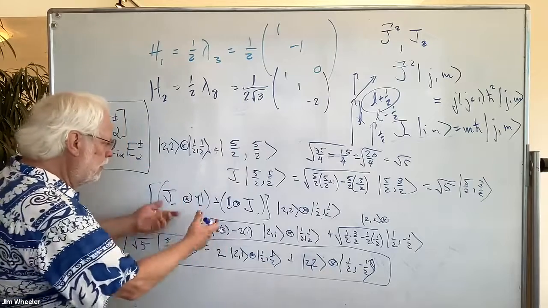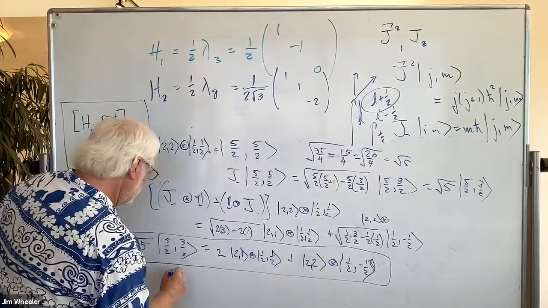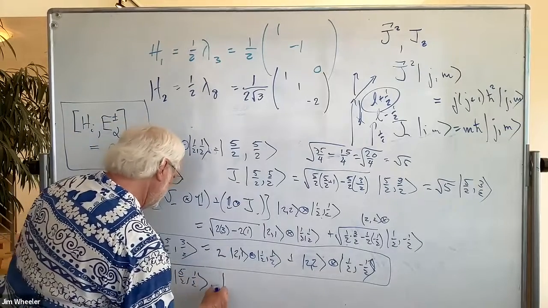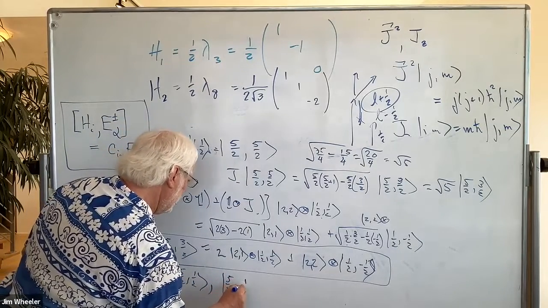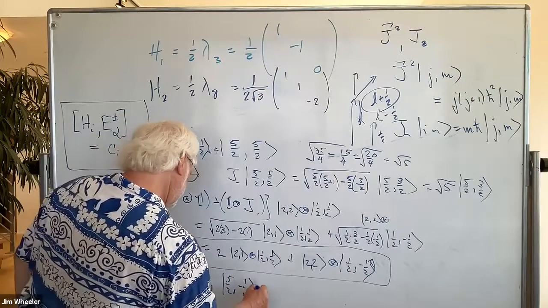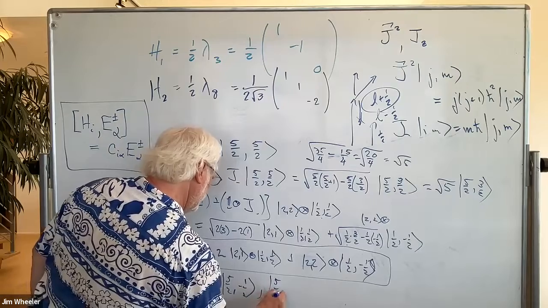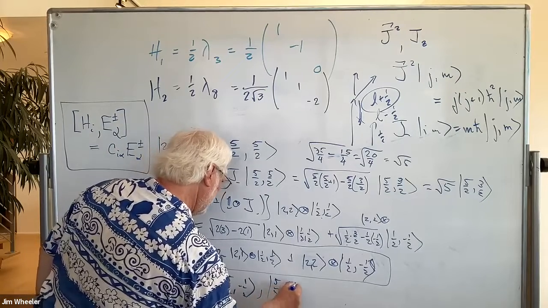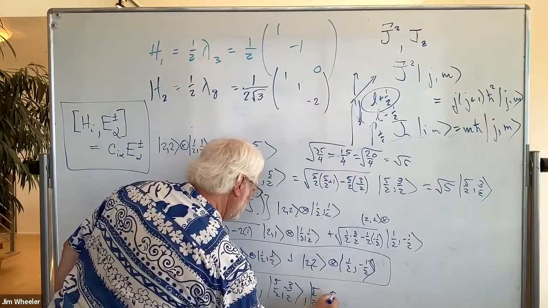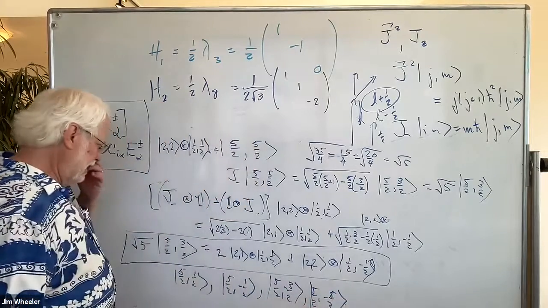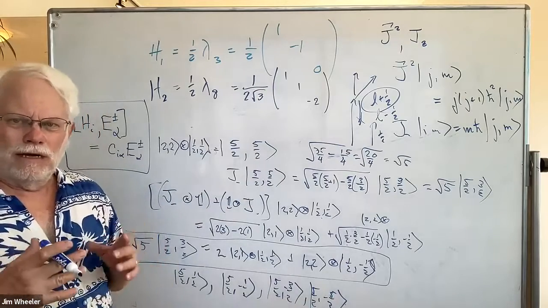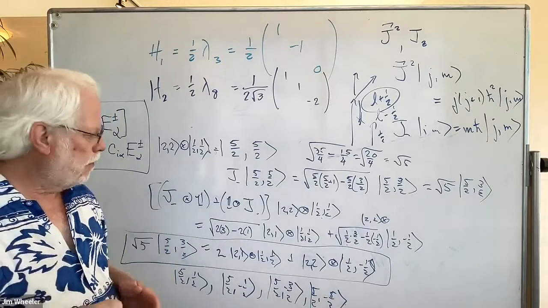And you keep applying these operators, and you're going to get a 5/2, 1/2 at the next stage, and a 5/2, minus 1/2 at the next. Let's see, how many more? 5/2, 3/2, minus 3/2, and 5/2, minus 5/2. So you go through this same process, and you get 6 different irreducible states for the angular momentum.